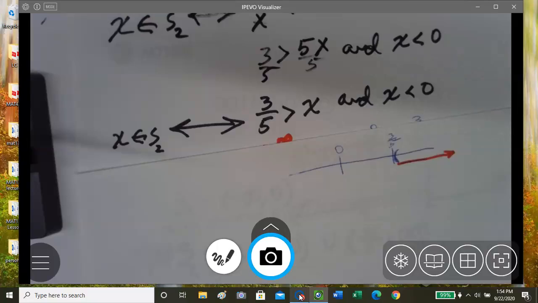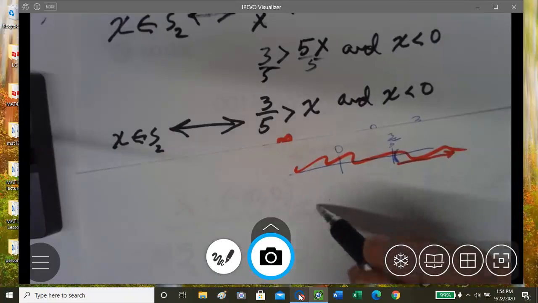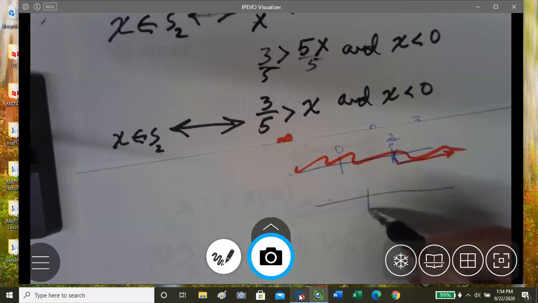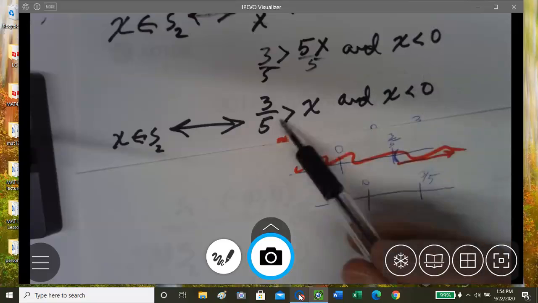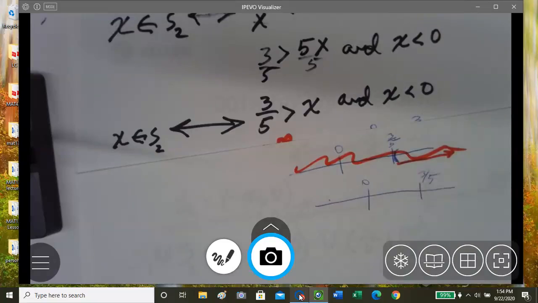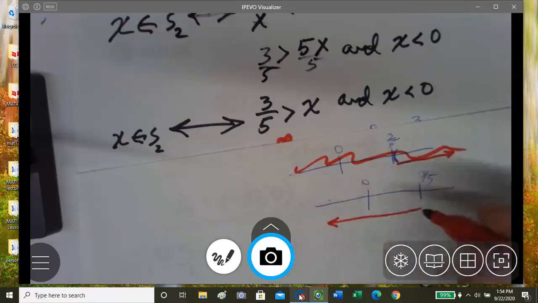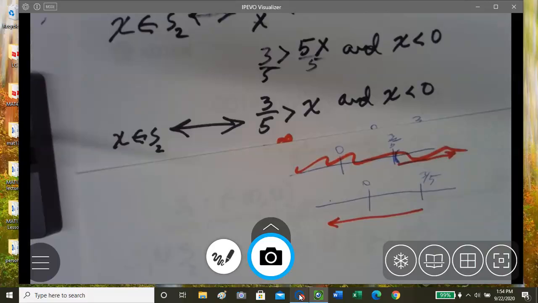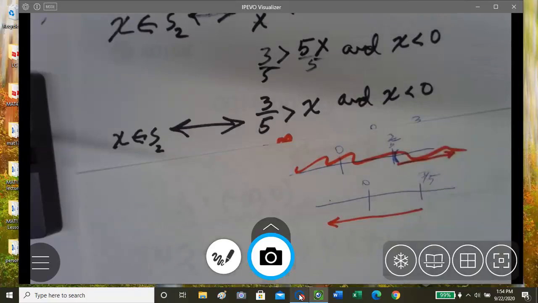Oh, I'm sorry, this is going the other way. Here's 0, here's 3 over 5. Since x is less than 3 over 5, it's going to the left. That's better. And x is less than 0.